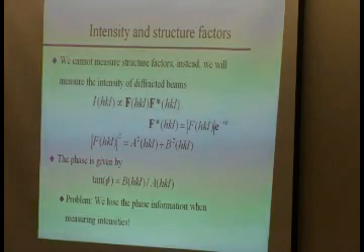What's the complex conjugate of F? The only thing you do is switch the sign in front of the i. That means you have the magnitude of F times e to the i phi, and the magnitude of F times e to the minus i phi.